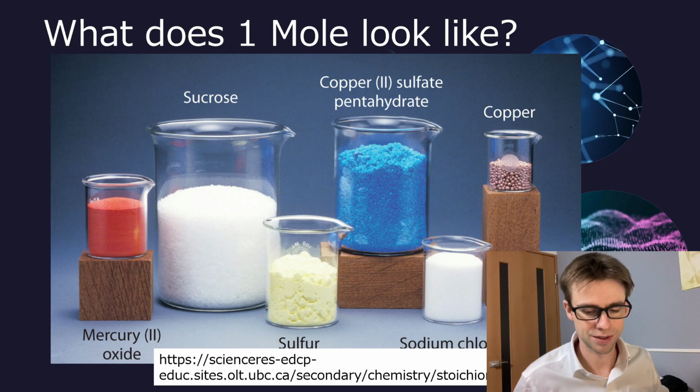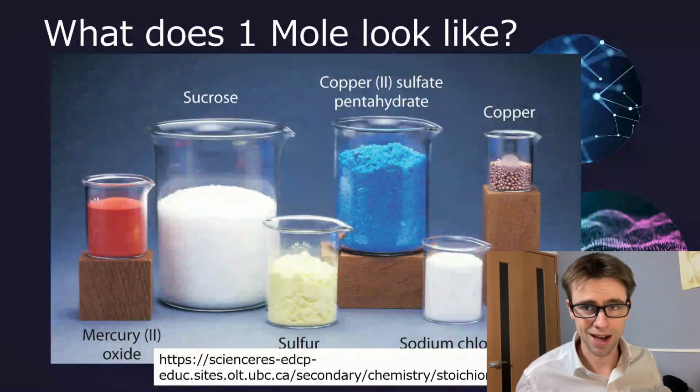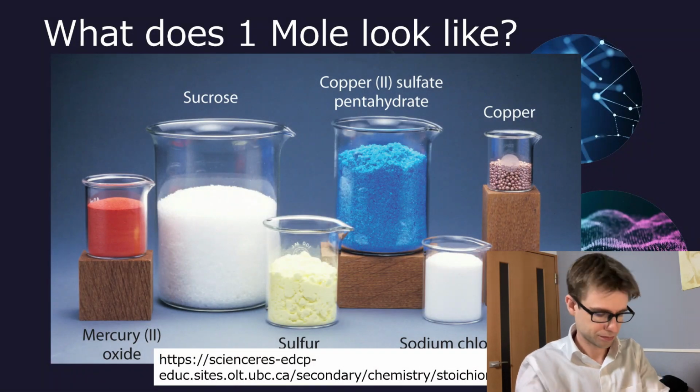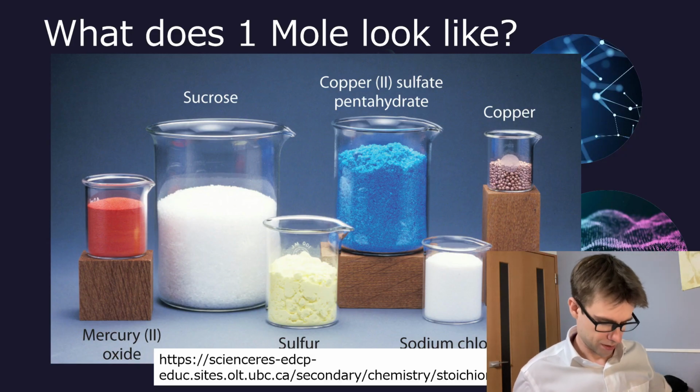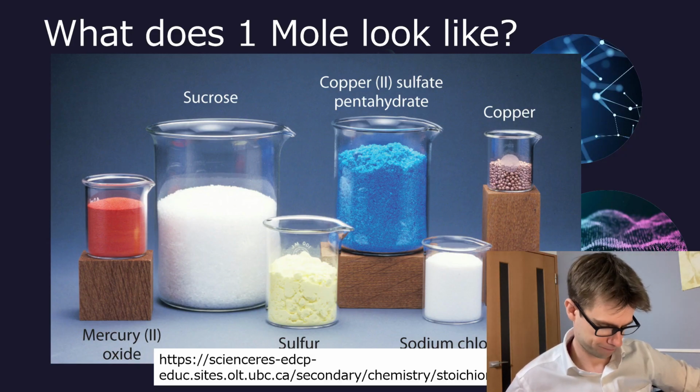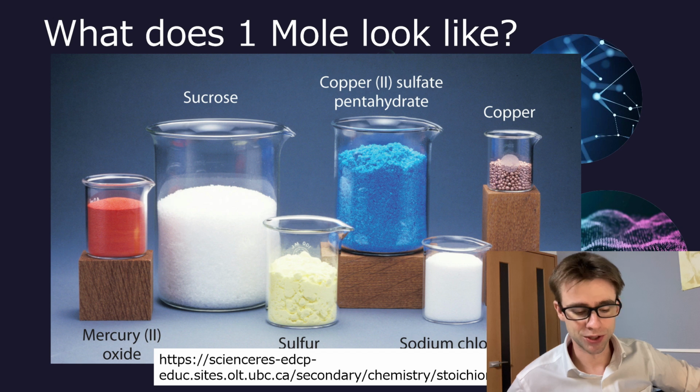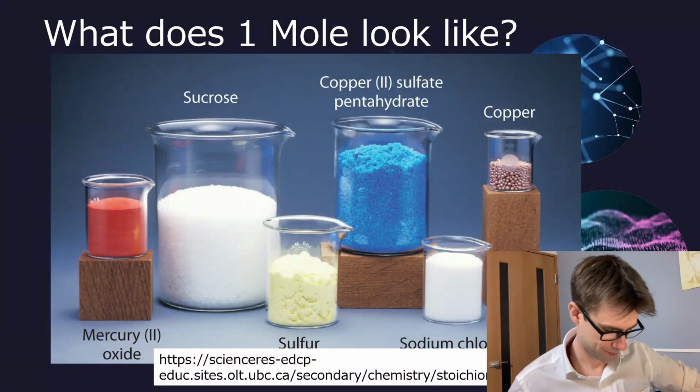I think C12H22O11 or something. Very large molecular weight, and that means there's going to be a large mass to create 1 mole. All right. Gases will be much bigger volume than this because they have extremely low density, and liquids, you know, somewhere around this.